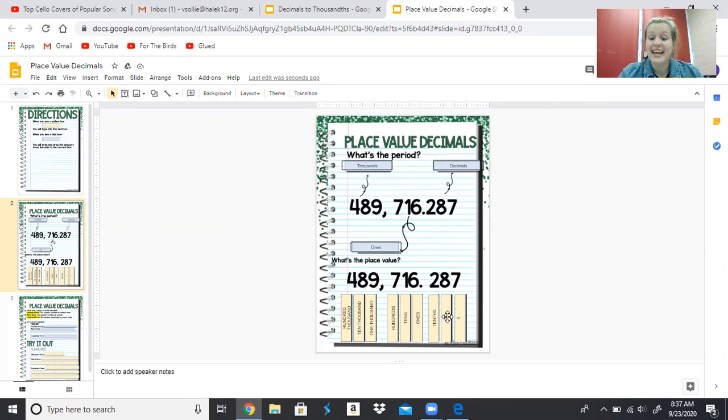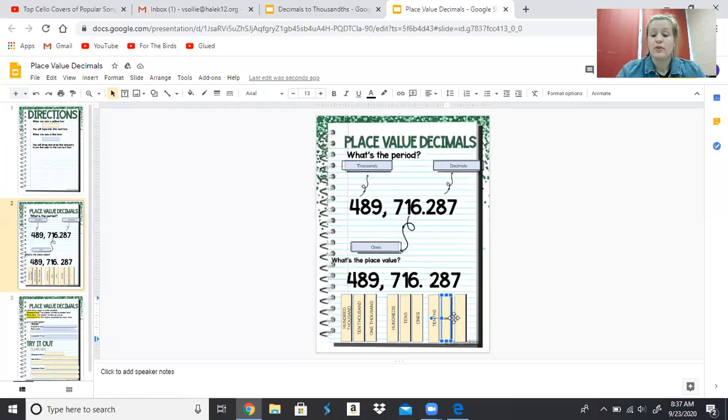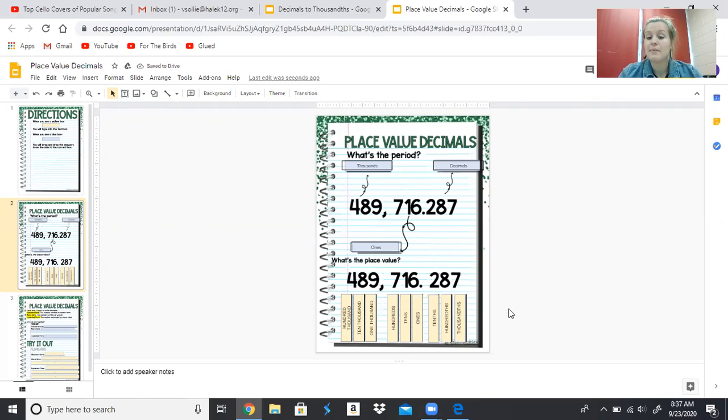So we have the tenths, then we move to our hundredths, with that THS on the end, and then our 7 is going to be in our thousandths place. They sound very similar to our tens, hundreds, and thousands, but they have that THS on the end. So it's tenths, hundredths, and thousandths.